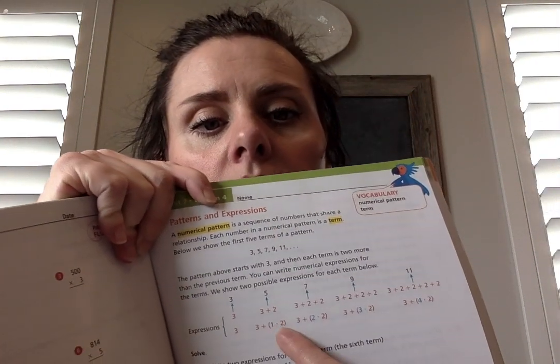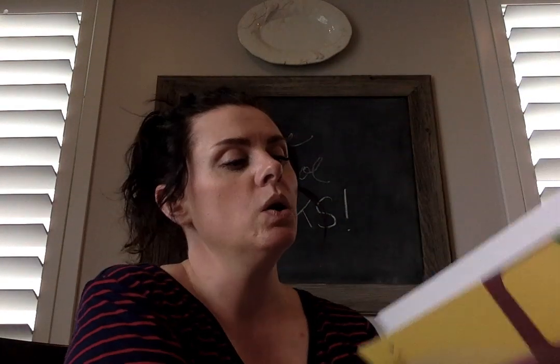Now, let's take a look at the next row of red numbers. Okay, so you can follow along in your book. Another way to show these terms is with expressions. We've got some parentheses in here, but we've been talking about expressions.